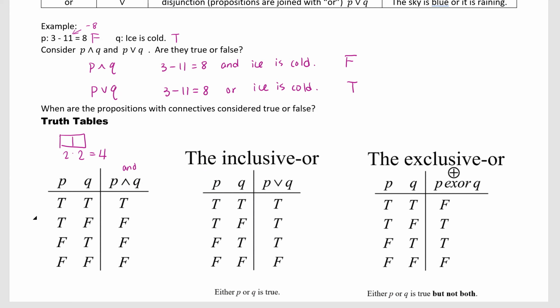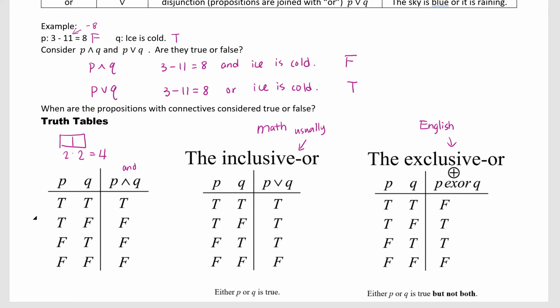And this is usually the math. When we talk about or, we mean the inclusive or. So math usually means the inclusive or. However, English, when we say or, it usually means the exclusive or.